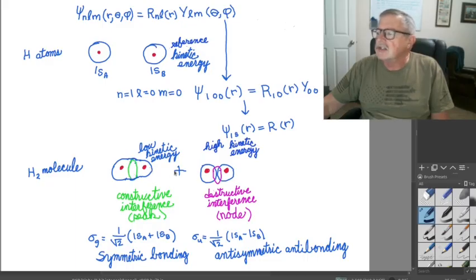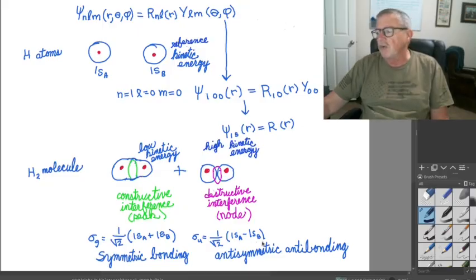And it takes a higher kinetic energy to achieve this factor where we have this node and it pushes these two apart, and it takes energy to push the two apart. Here was the bonding orbital associated with this, and here's the anti-bonding orbital associated with this picture.